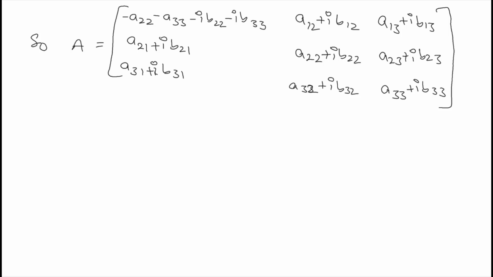From this, we can see the number of unknown scalars in this matrix are 1, 2, 3, 4, 5, 6, 7, 8, 9, 10, 11, 12. These are counted 12, 13, 14, 15, 16, and these two are also counted.